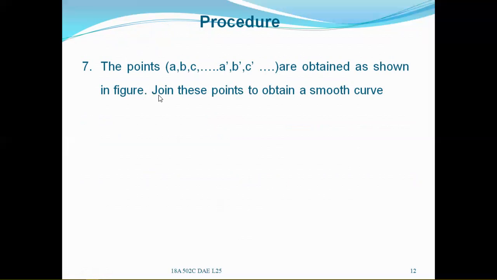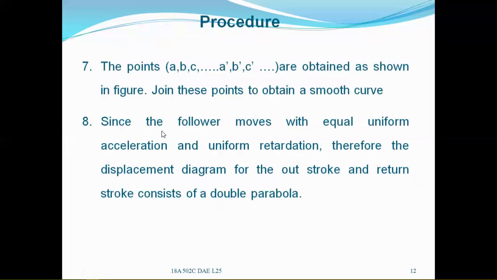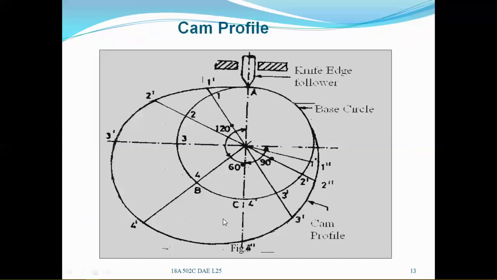That is, as I told you already, join these points to obtain a smooth curve. Since the follower moves with equal uniform acceleration and retardation, therefore the displacement diagram for outstroke and return stroke consists of a double parabola. Right? So this will give you the double parabola. And so it completes the displacement diagram.